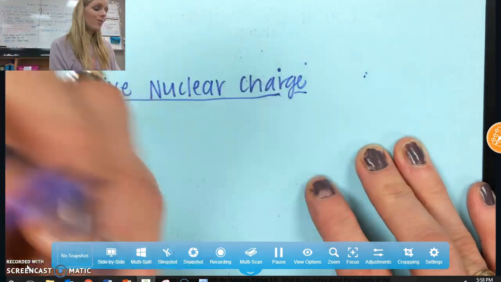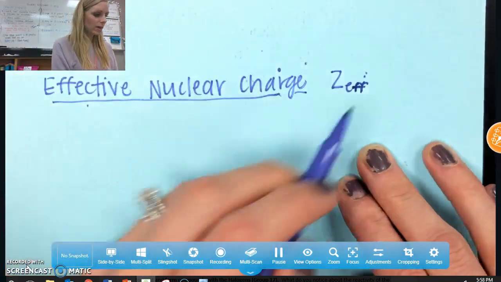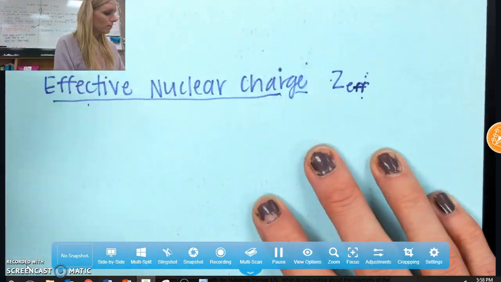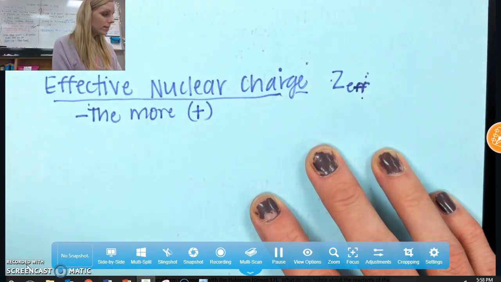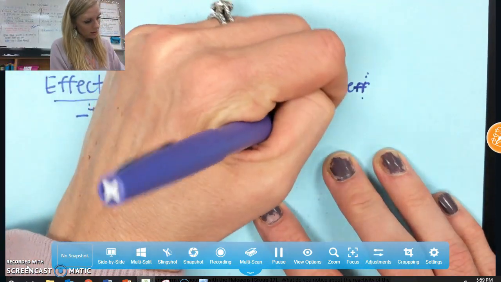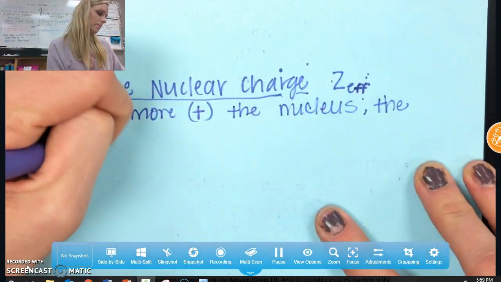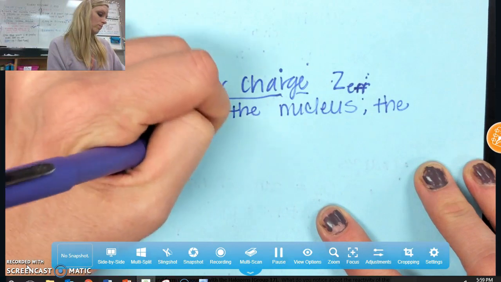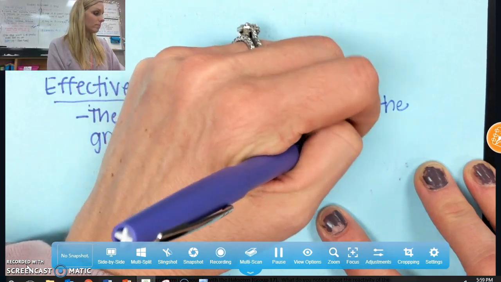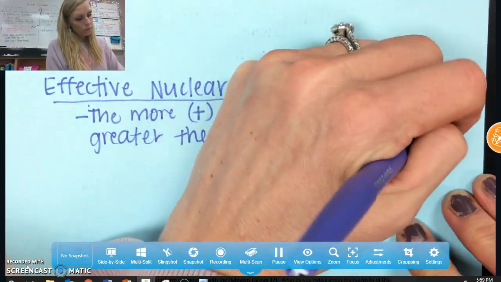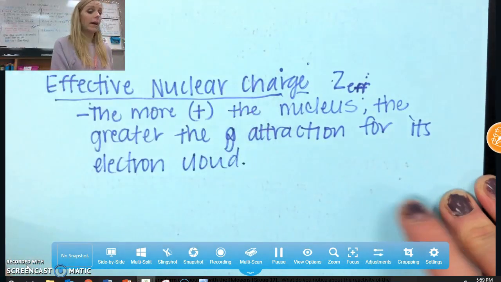Okay, so the definition, and the symbol for that is ZEFF. Okay, effective nuclear charge. So basically, the more positive the nucleus, the greater the attraction for its electron cloud.